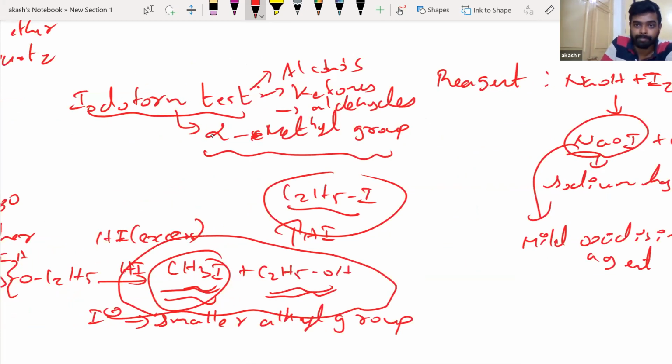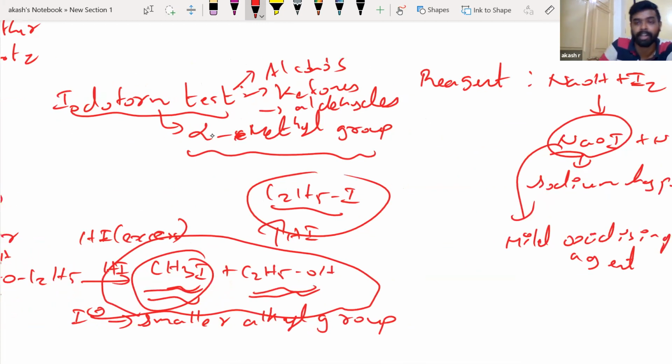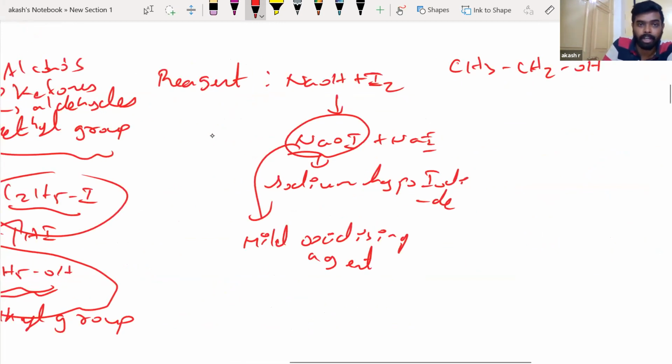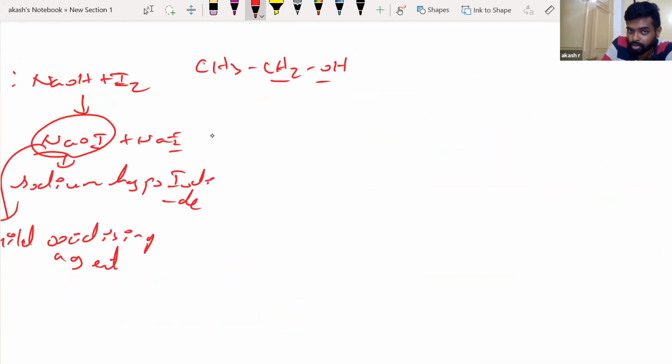Now, if I have, for example, CH3CH2OH, that is exactly what I have in C2H5OH also. This is my carbon containing the functional group. This is my alpha carbon. Now what do you see here in alpha position? I have a complete CH3 present. Alpha methyl group is present.